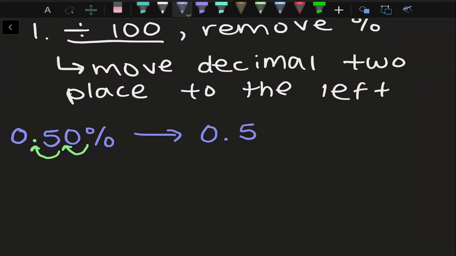And then the second half of this step is to get rid of this percent sign. So that ends us with just 0.5.